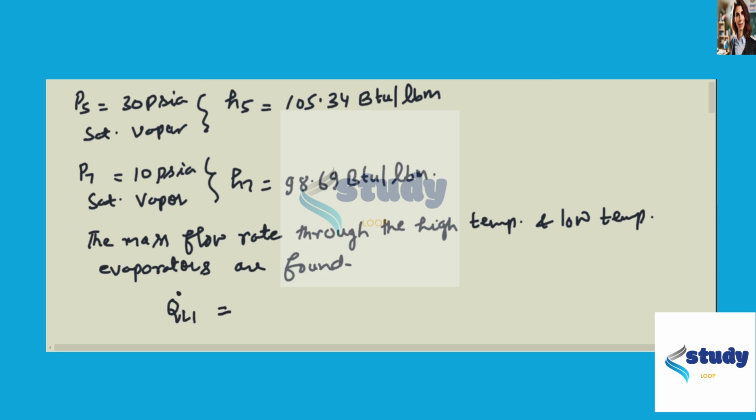Rate of transfer of heat at low temperature is m1 into the change in enthalpy in the process 4 to 5.